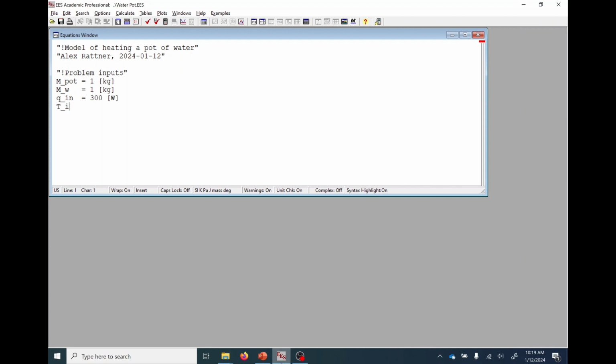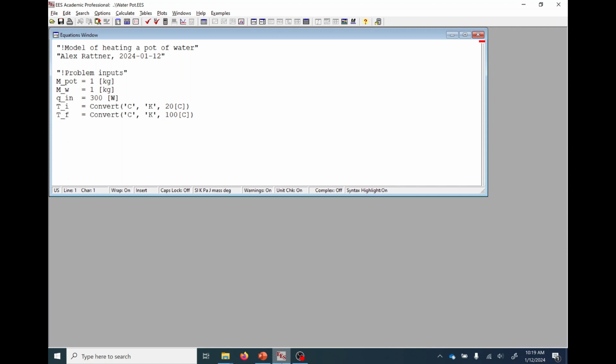And I've got my initial temperature that we know, and that we said was 20 Celsius, but I always like working in the base SI units, so I always like using Kelvin for temperature. So I'm going to convert from Celsius to Kelvin my known input temperature of 20 C. And then similarly, I'm going to also get my final temperature of 100 C.